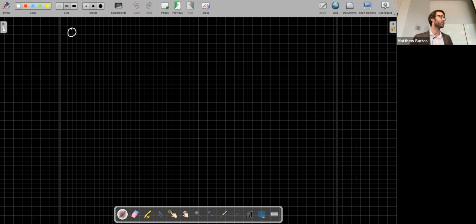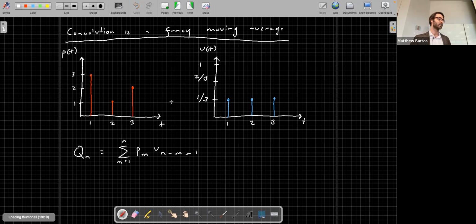So for Q1, if we follow the formula, we're going to take our precipitation, P1, P2, P3. We're going to take our function U, which could be our unit hydrograph, and flip it around. So this is now U1, U2, U3.